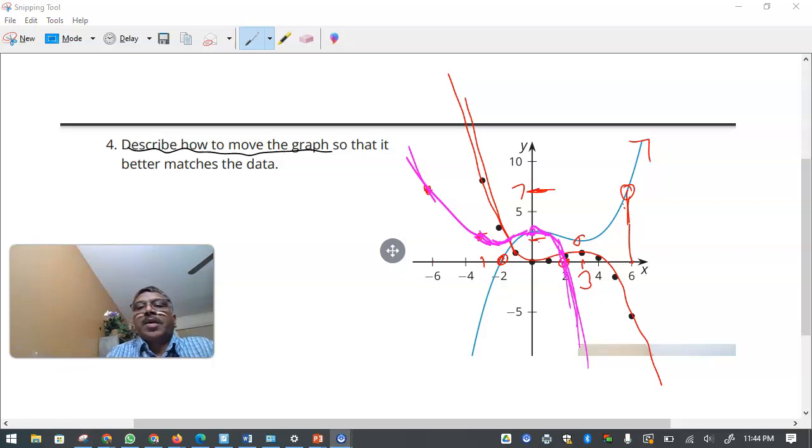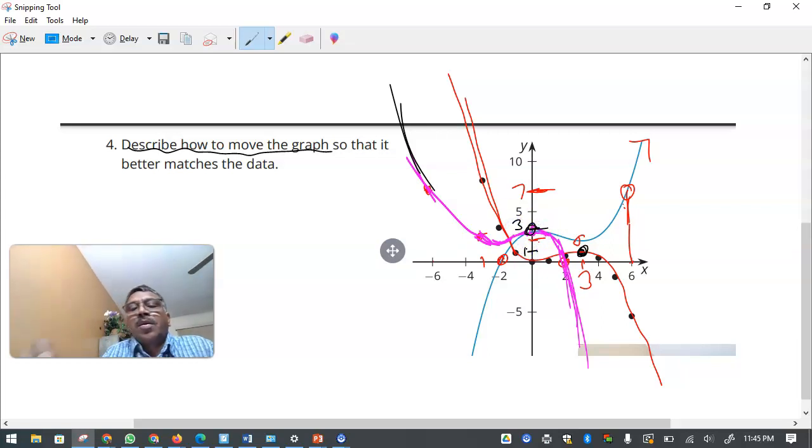Now for the graph to really match, so this one is this one, what we'll have to do is watch this point. This point will have to go down because you have to get it somewhere here. So that means this may be 3. Let's put this is 3, and this is 1.